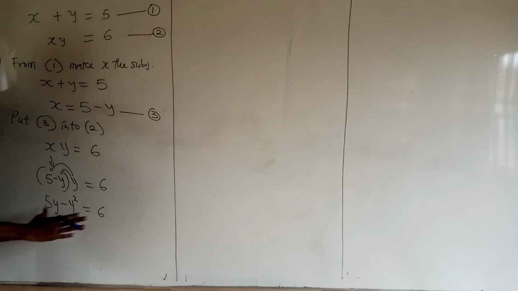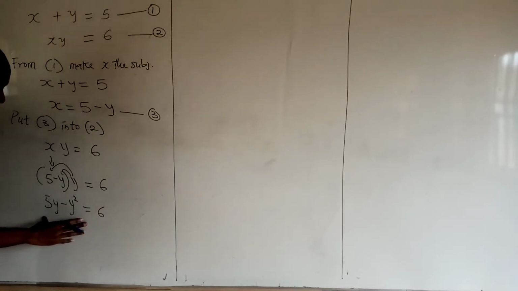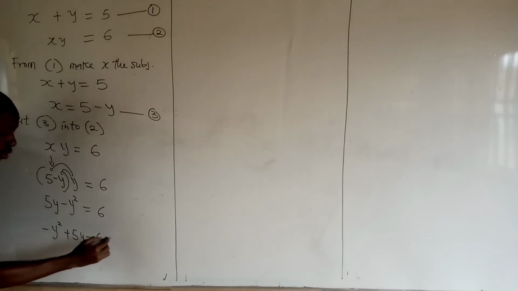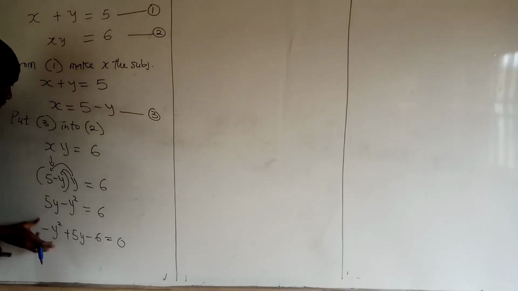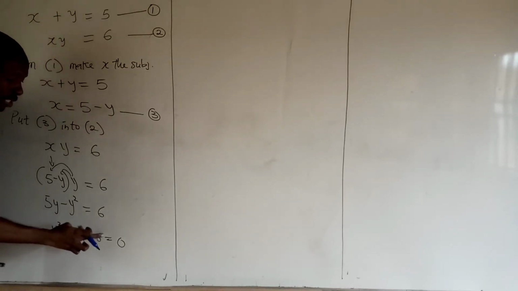If I arrange this algebraic equation in standard form, where the powers of y are in descending order, I have minus y squared plus 5y minus 6 equal to 0. Now you can see the power of y is 2 here, 1 here, and 0 here.